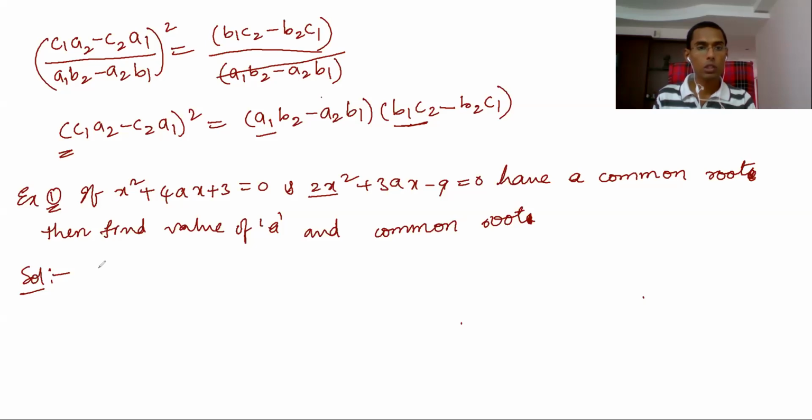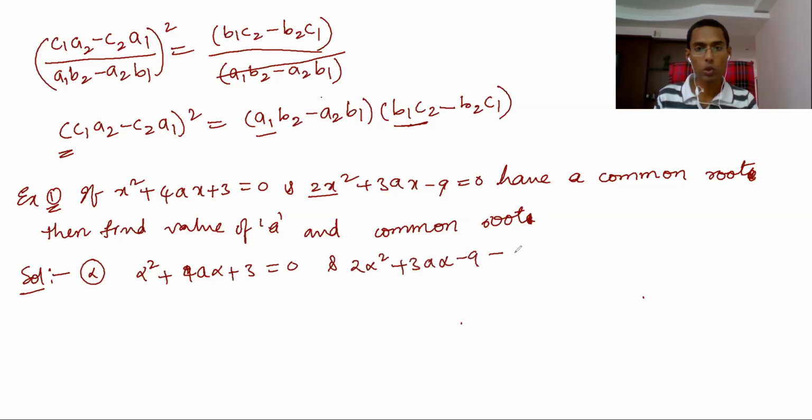So what I'm going to do is, they have a common root. Let's take alpha as the common root. Then what will happen here? Alpha square plus 4a alpha plus 3 equal to 0. But here 2 is there, and here 2 alpha square plus 3a alpha minus 9 equals 0. What I'll do is I'll multiply this with 2. Then this becomes 8, this becomes 6.